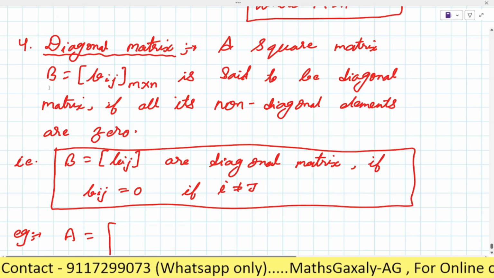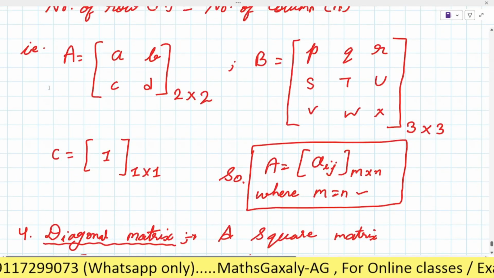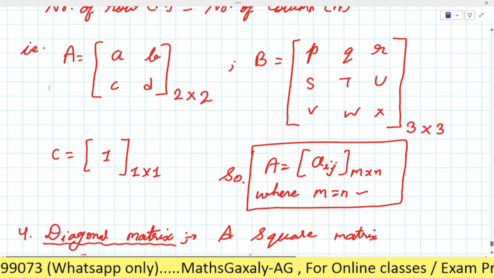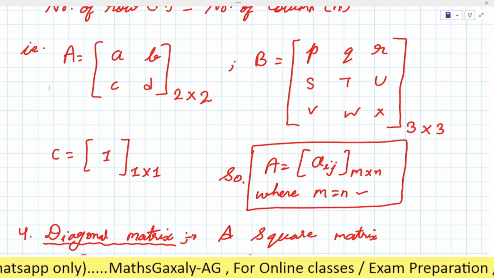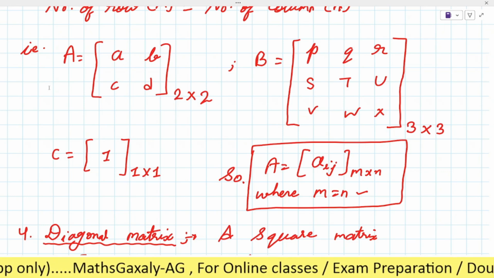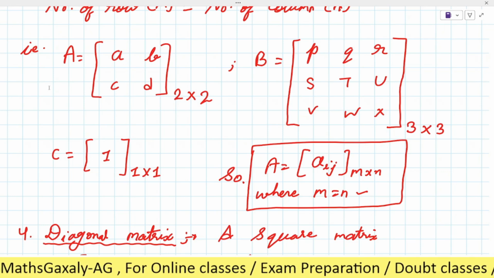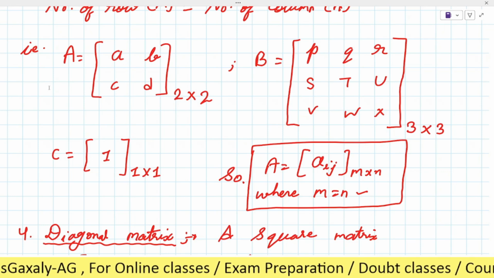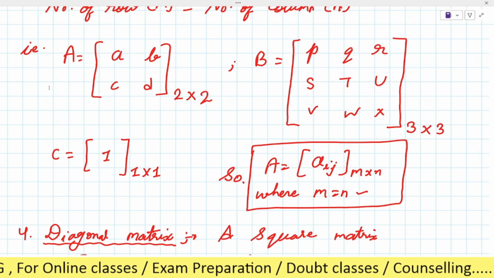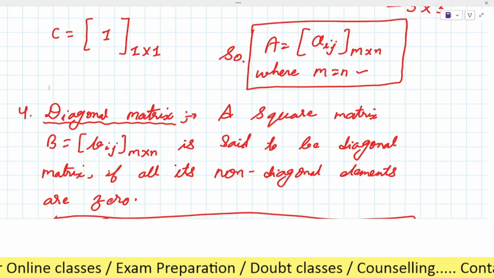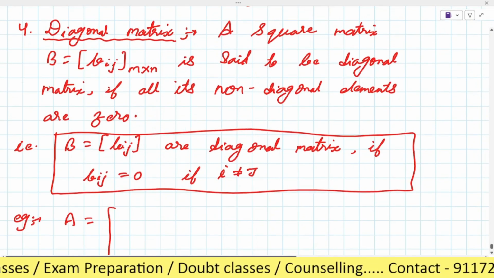As you can see in matrix A, the diagonal elements are A, D and the other diagonal elements are B, C. Similarly in B, the diagonal elements are P, T, X, and the diagonal from the upper right corner will be R, T, V. So it should be a square matrix.